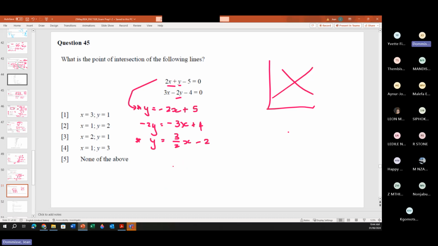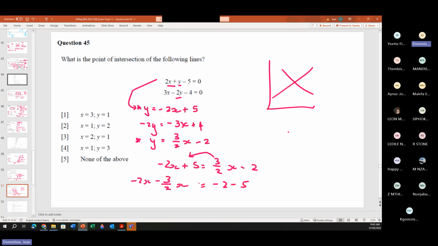So now I can say, well, minus 2x plus 5 is equal to 3 over 2x minus 2. Okay, take the 3 over 2x to this side, so minus 2x minus 3 over 2x will be equal to minus 2 minus 5.